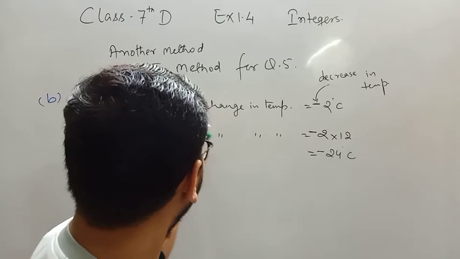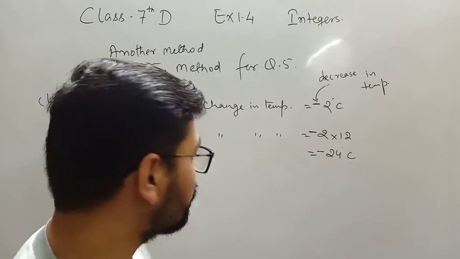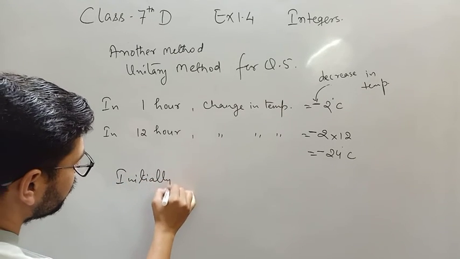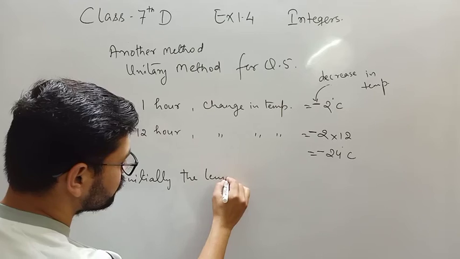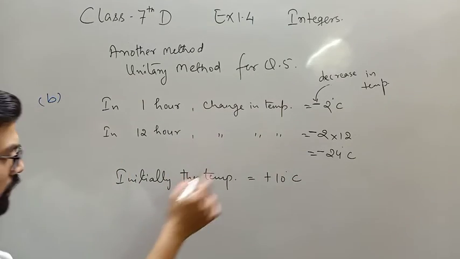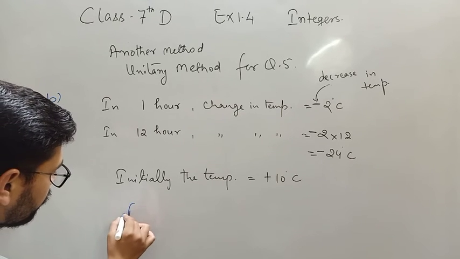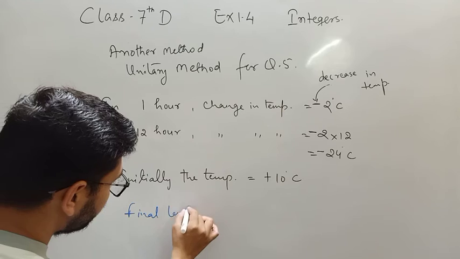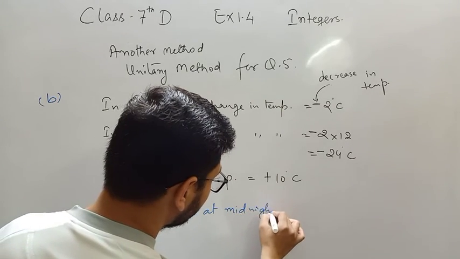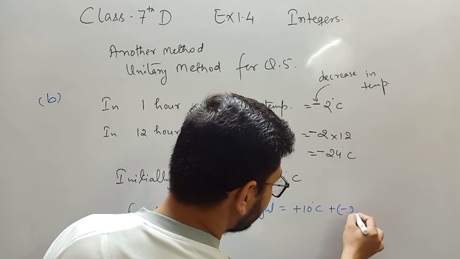Now at 12 midnight there is a change of minus 24 degrees Celsius. Initially the temperature was equals to plus 10 degrees Celsius beta. So I can write final temperature at midnight is equals to plus 10 degrees Celsius plus minus 24 degrees Celsius.